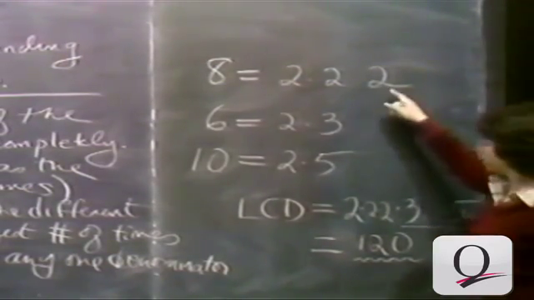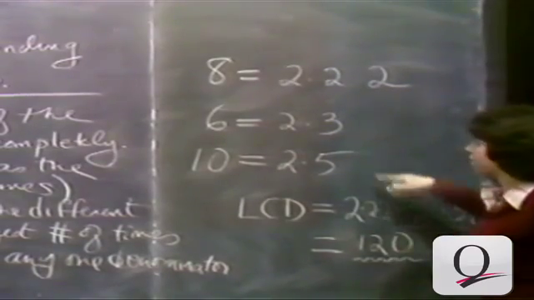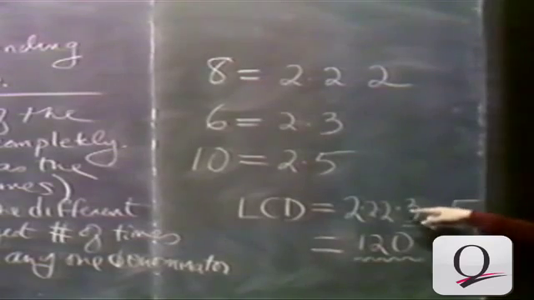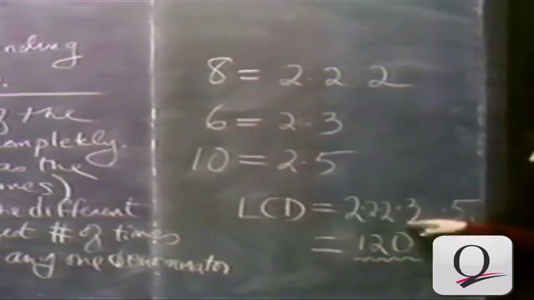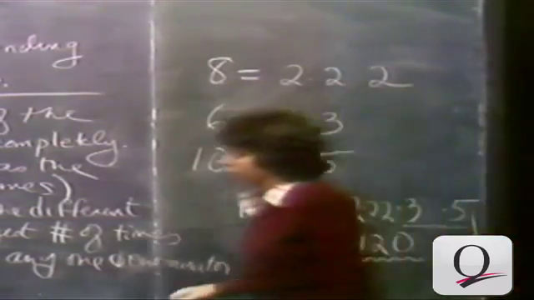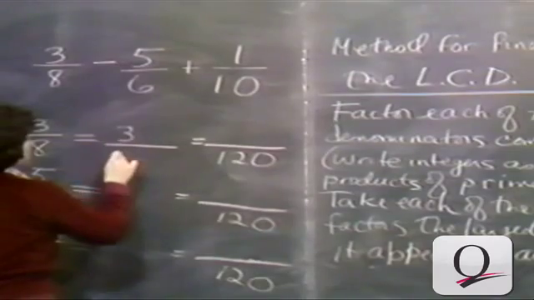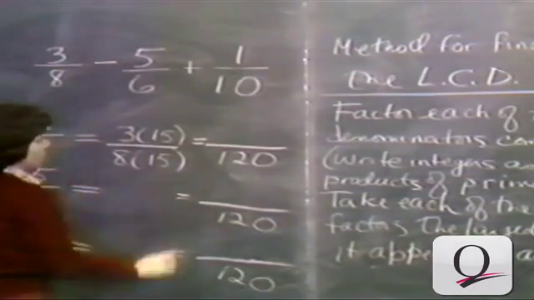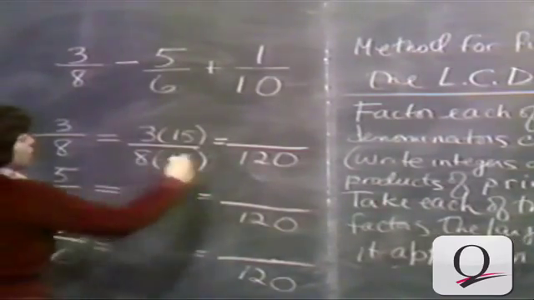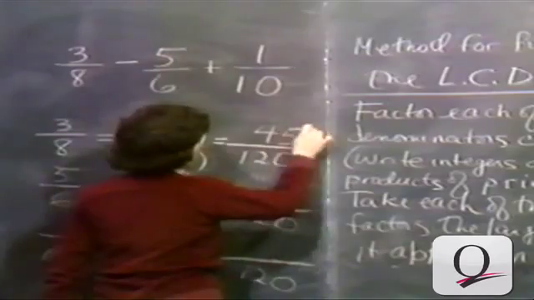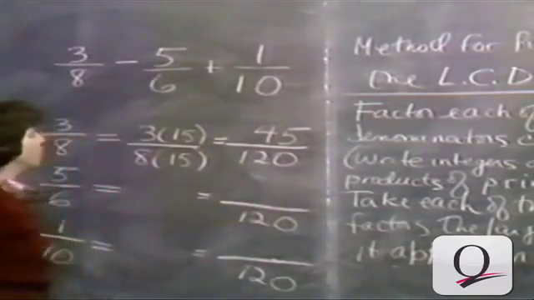How many times does 2 times 2 times 2 go into 2 times 2 times 2 times 3 times 5? Obviously 15 times. So 120 is really 8 times 15. In this particular case, I will multiply top and bottom of this fraction by 15. 8 times 15, of course, gives you the 120. 3 times 15 is 45.